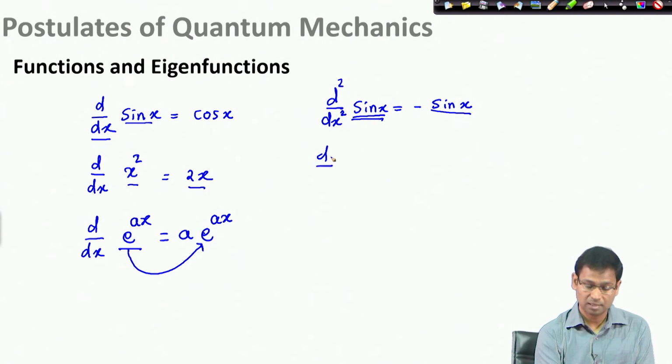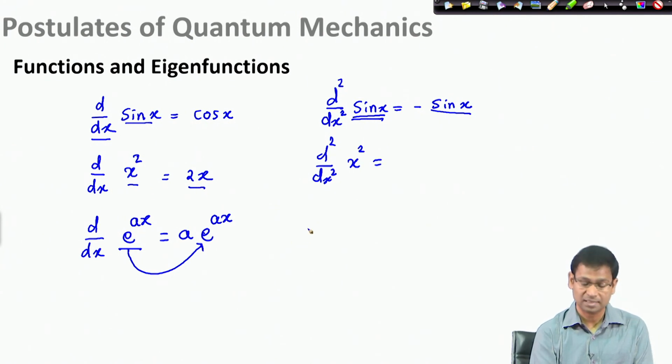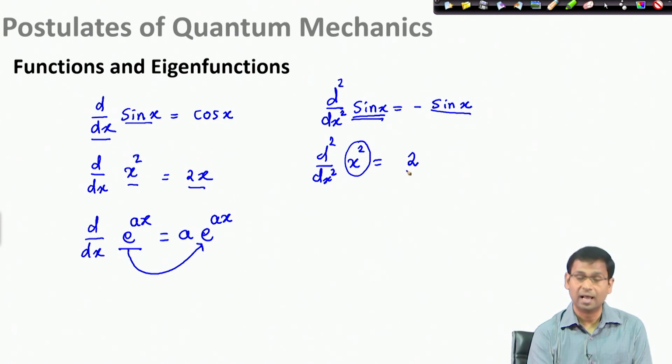So, let us look at the action of d square by dx square on x square. The first derivative gives me 2x, and when I differentiate it again I would get 2. So, what I see is that when I act d square by dx square on the function x square, I get another function, which is 2 now.